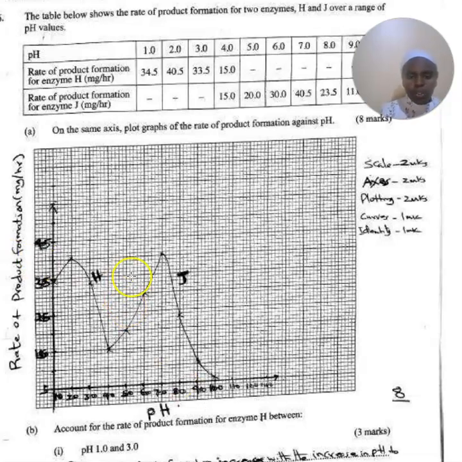So you just choose a suitable scale. Like you can see, we have pH ranging from 1 up to pH 10, and for the rate of enzyme, you can start with 5, 15, 25, 35, that scale, or any other scale that you see is worthwhile, and then you plot.